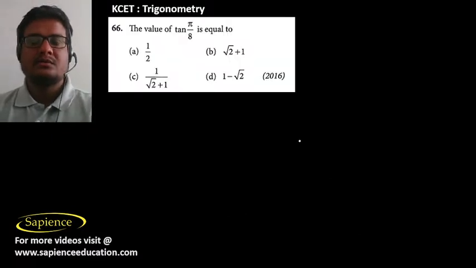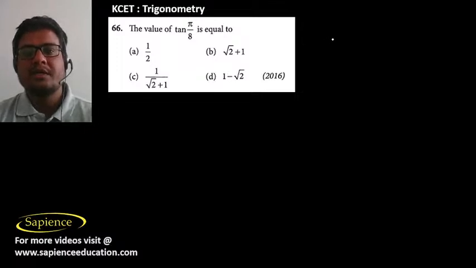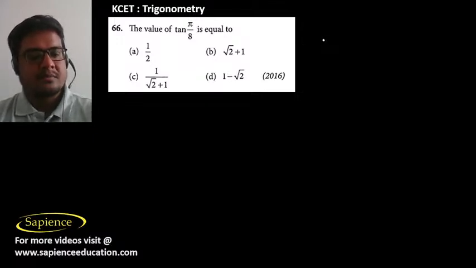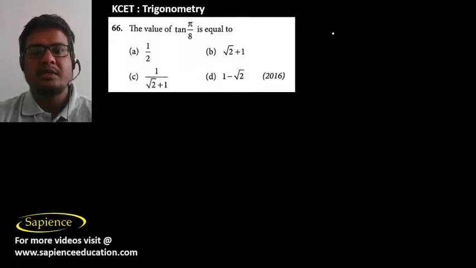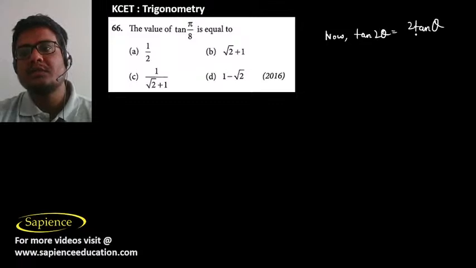And then question number 66, we have to find the value of tan pi by 8. Now you know that tan 2 theta is equal to 2 tan theta by 1 minus tan square theta.